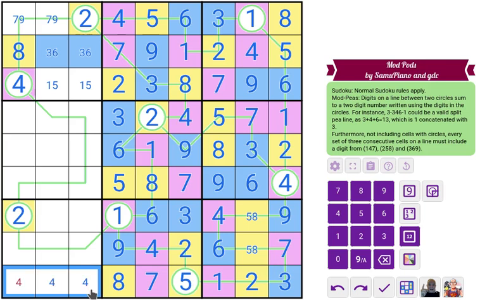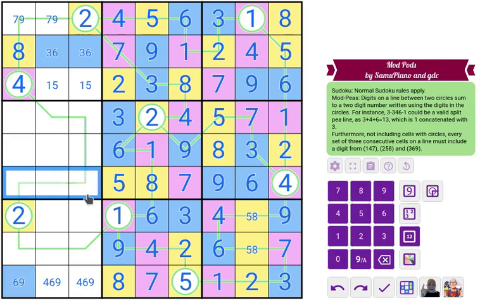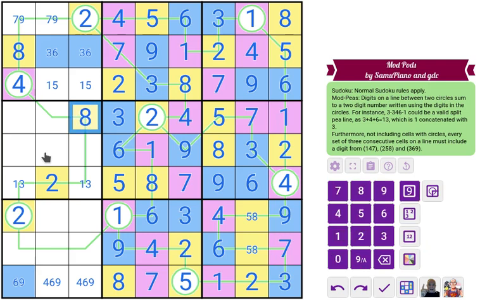We have 4 and the 6 and 9. 1, 2 and 3. 2 goes here. So for this line, this is yellow, which is 8.